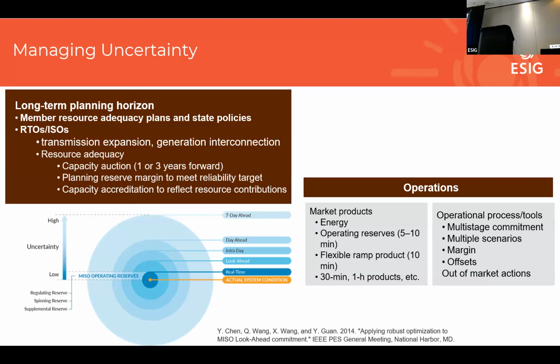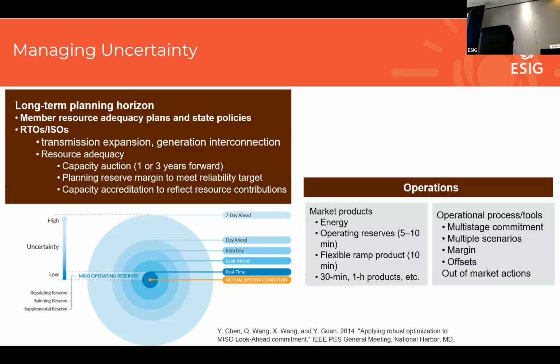And then when getting into a 5-year time frame, there's generation interconnection. We all know there's a kind of crisis with this long interconnection queue. The ISO really needs to study and make sure there's enough transmission, and if needed, an incremental transmission upgrade, but these costs are allocated to the new generator.